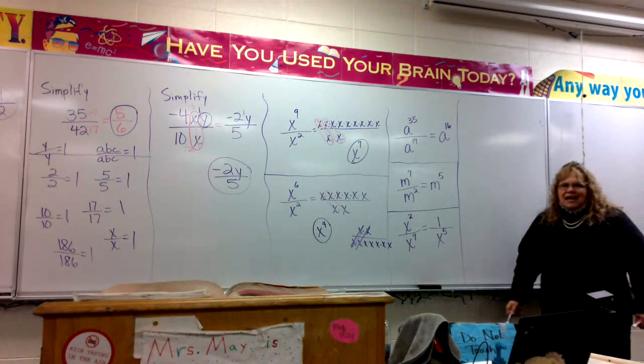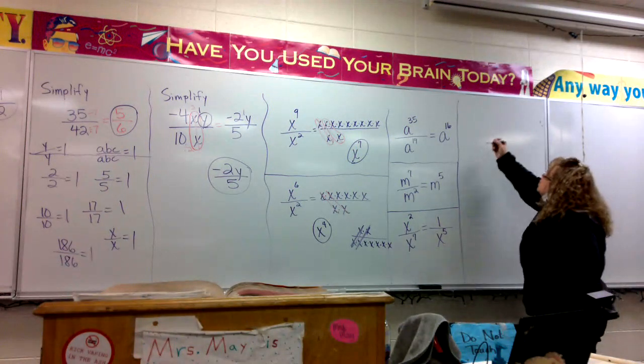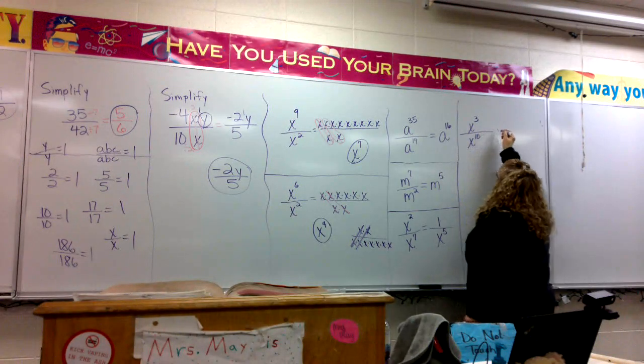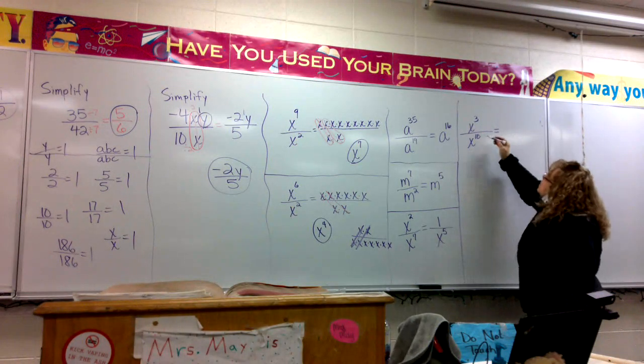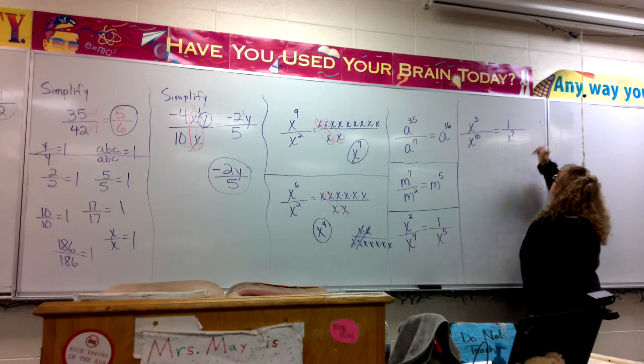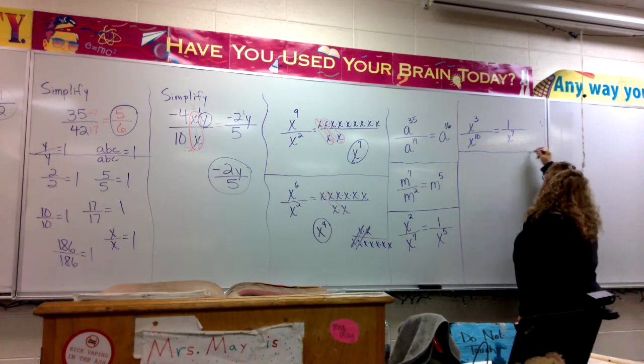Wherever the biggest exponent is, that's where it goes after you subtract. So if you have x to the 3rd over x to the 10th, where is the bigger exponent? On the bottom, so that's where it's going to go, on the bottom. Right? Does that make sense?